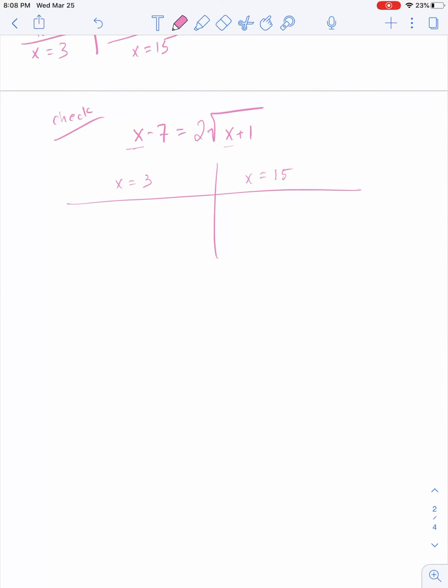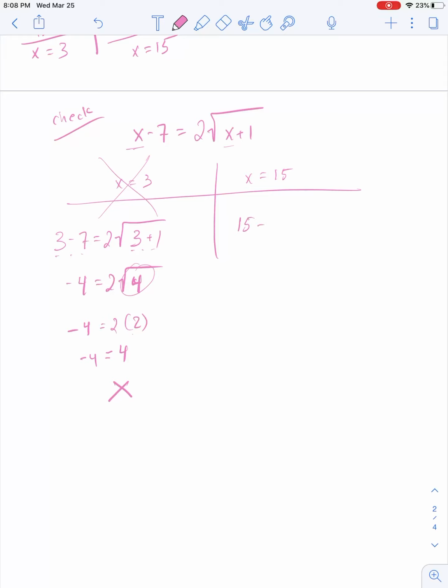Right, so we replace x's first with 3. 3 minus 7, negative 4 equals 2. 3 plus 1 is 4. Square root of 4 is 2. And we can see that 2 times 2 is 4, and it is not negative 4. So this is false, which means that's not going to work.